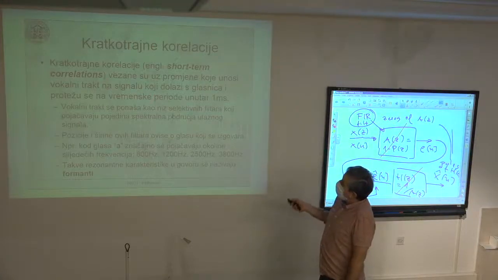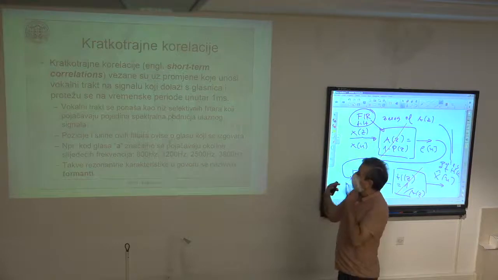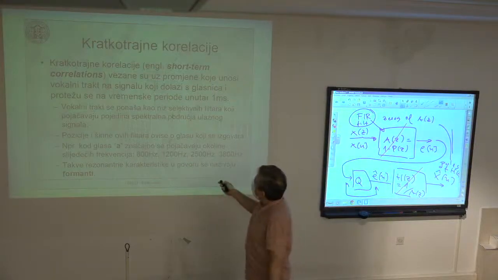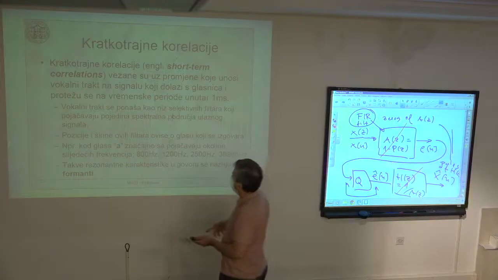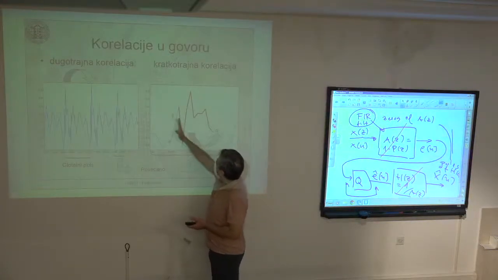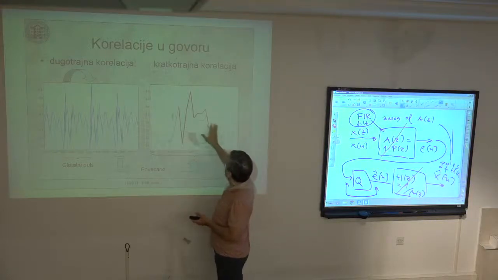Okay, as I said, the short-term correlations are related to the vocal tract and its shape. And these are limited to periods of approximately 1 millisecond. So they are really close correlations. Only 1 millisecond prior to the current sample, there is some correlation.